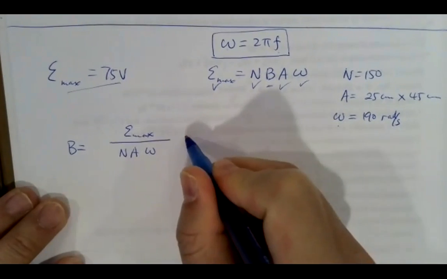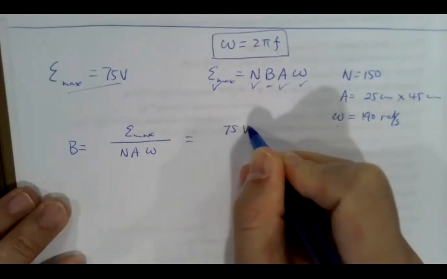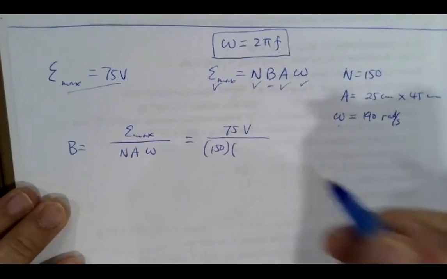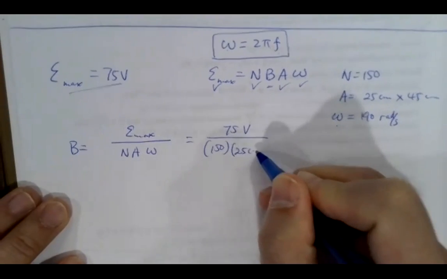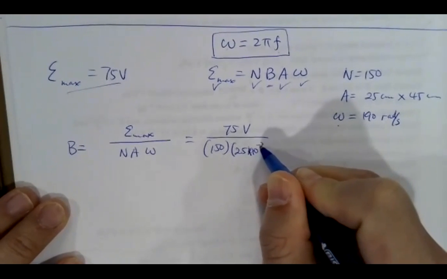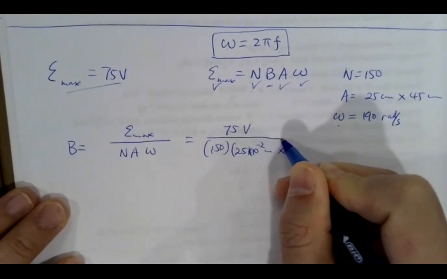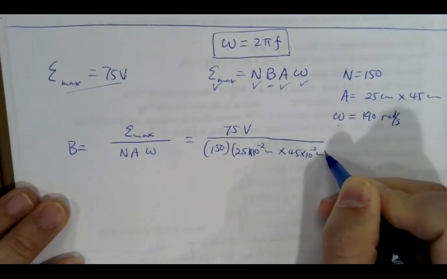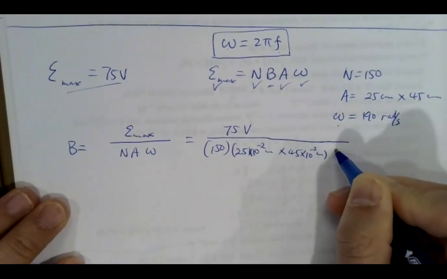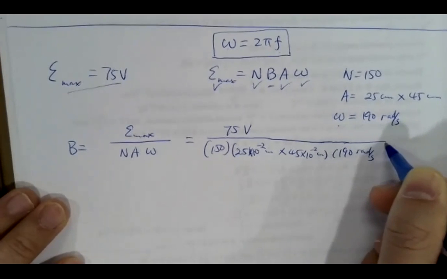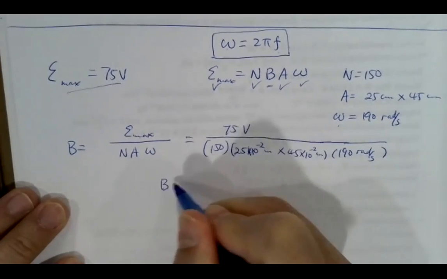So this would be 75 volts divided by 150 times 25 centimeters by 45 centimeters. You want to convert it into meters first, so times 10 to the minus 2, and then multiply by 45 times 10 to the minus 2 meters. And then the angular frequency is 190. That's already in SI units, so you can just take that down.